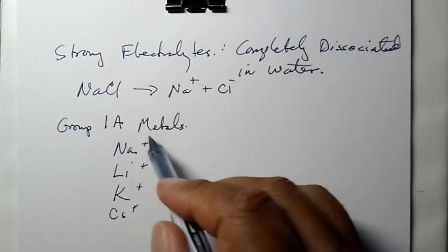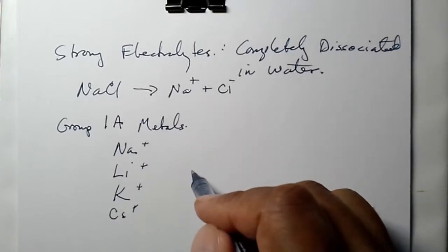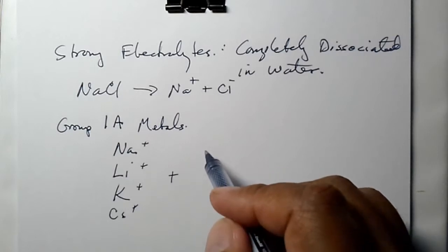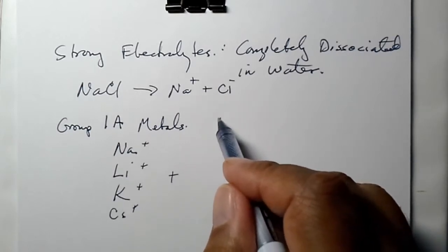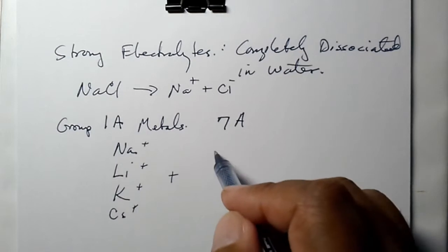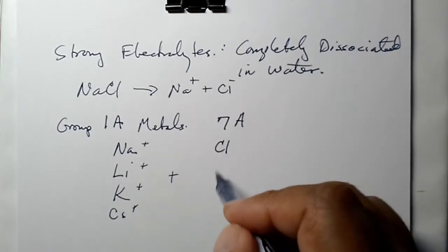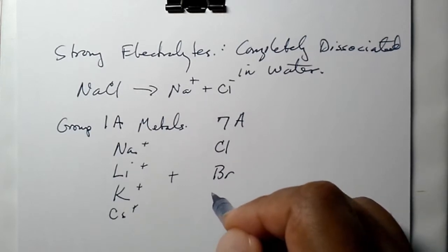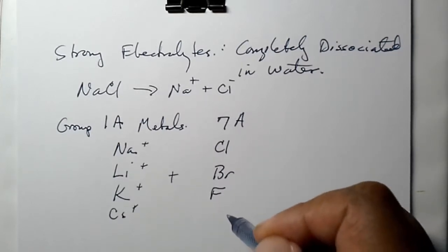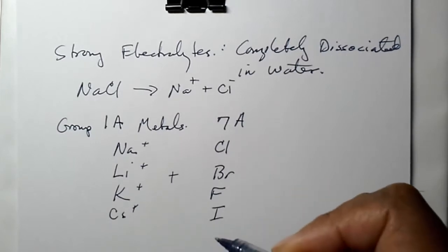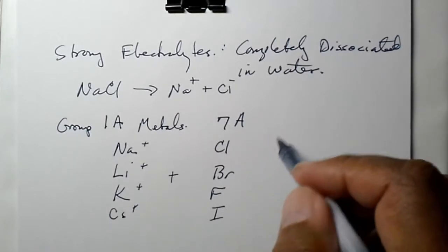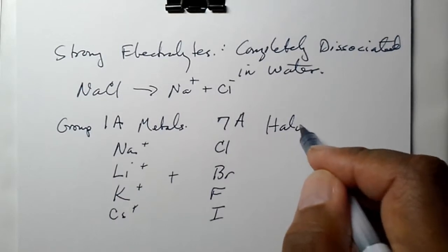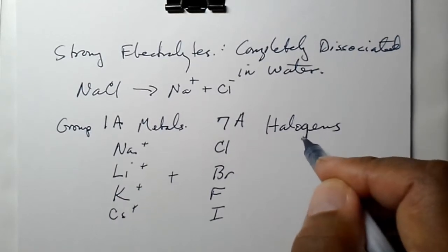And these typically form ionic compounds with group 7A. These are the halides: chlorine, bromine, fluorine, iodine. These are what are referred to as the halogens, group 7A.